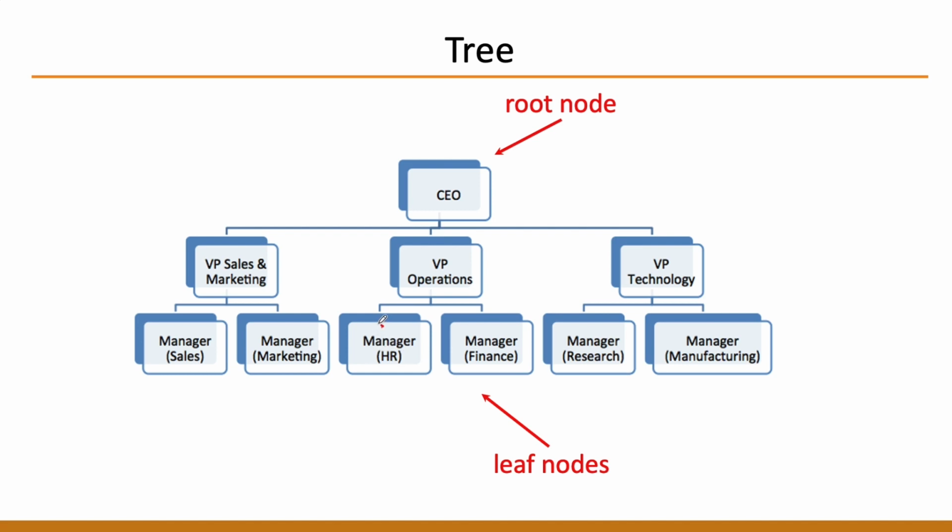You pick any node, for example, a particular manager, you look up from this particular node, and you should have only a single parent. But if you look at a parent node, potentially you can have multiple child nodes, right? So this is the special property of the tree. You have a single parent, but you will potentially have multiple child nodes.